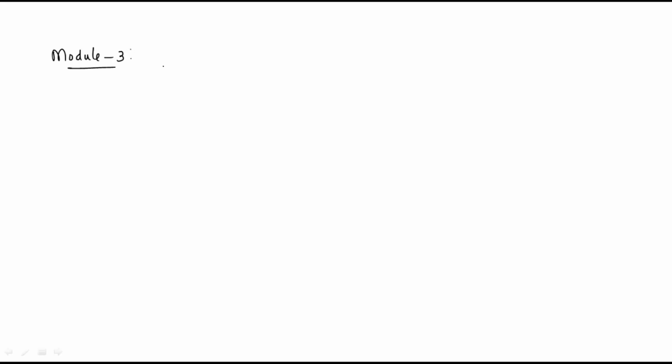Next, module 3. So module 3 is nothing but the another part of DC machine, that is continuation of DC machine. DC machines 2.